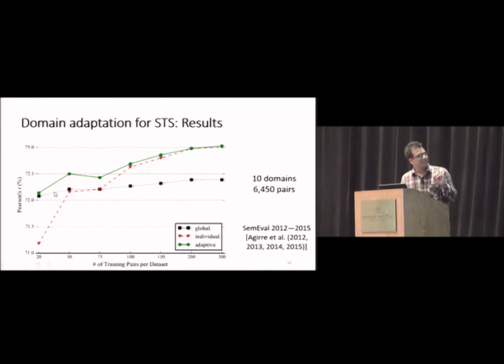But what's important is that the adaptive model actually performs well across all different amounts of training examples, although as expected, the in-domain model catches up with more training data later.